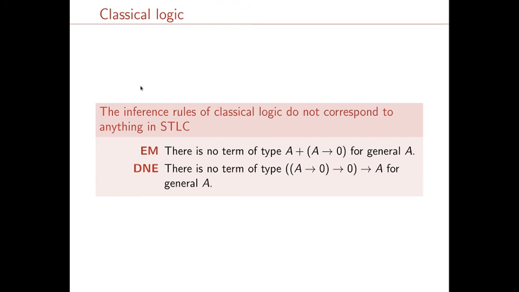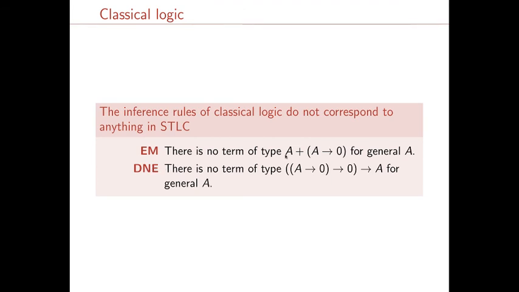If we translate the types or the propositions that occur in the inference rules of classical logic to types in the simply typed lambda calculus, we obtain A plus (A arrow 0) in the case of excluded middle, and we obtain ((A arrow 0) arrow 0) arrow A in the case of double negation elimination.